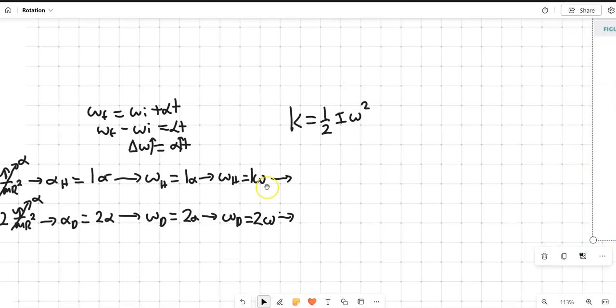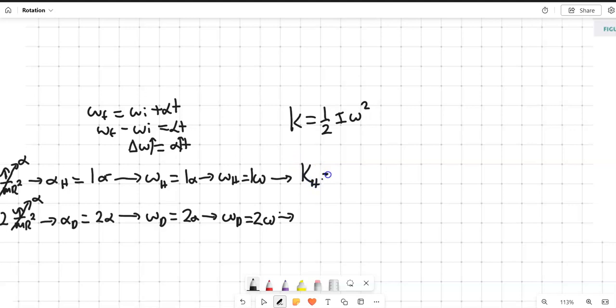Might need some more room. Well, for the kinetic energy of the hoop, that's going to be equal to 1/2 mr squared times omega squared. Pretty easy. For the kinetic energy of the disk, its moment of inertia is 1/2 mr squared, right?